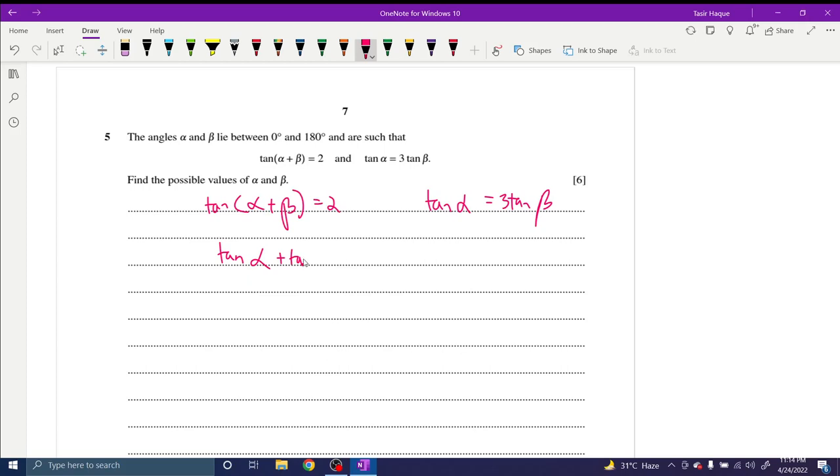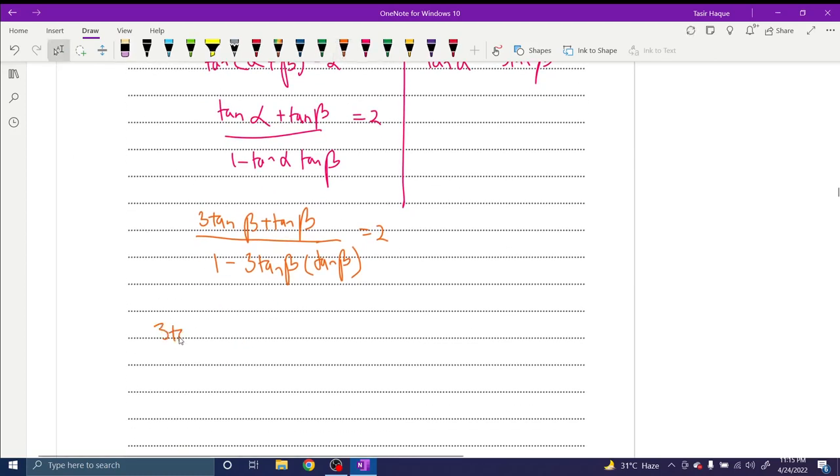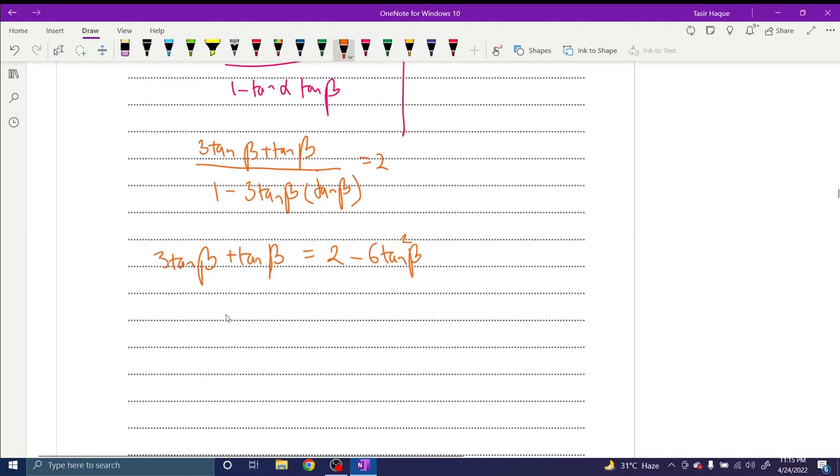tan A plus tan B divided by 1 minus tan A tan B, right, is equal to 2. What about this? We know that tan alpha is equal to 3 tan B, right? So why don't we just substitute that inside here? So 3 tan beta plus tan beta divided by 1 minus 3 tan beta into tan beta is equal to 2, or 3 tan beta plus tan beta is equal to 2 minus 6 tan square beta.